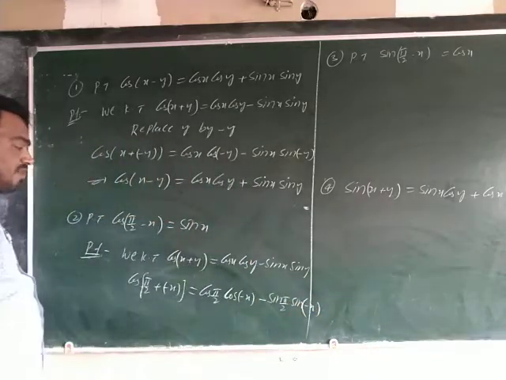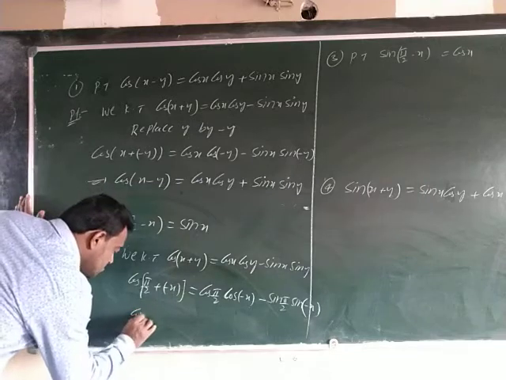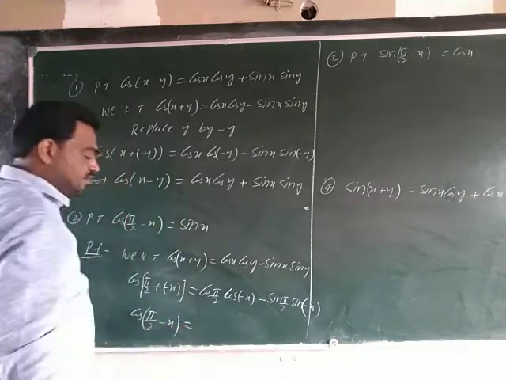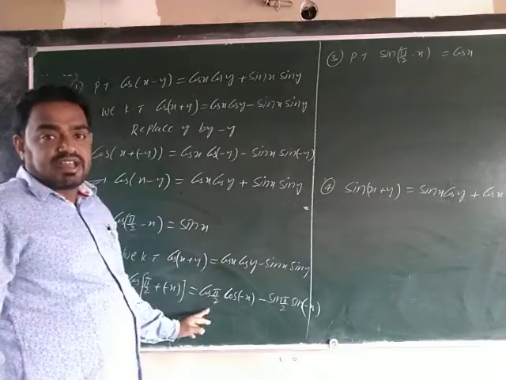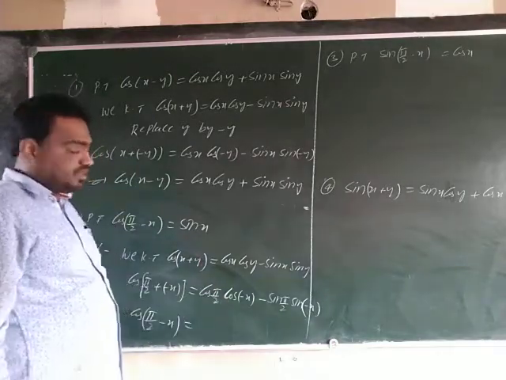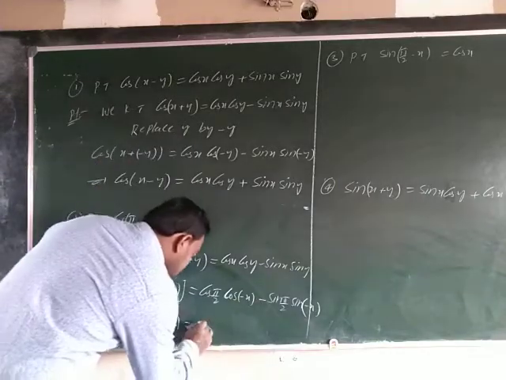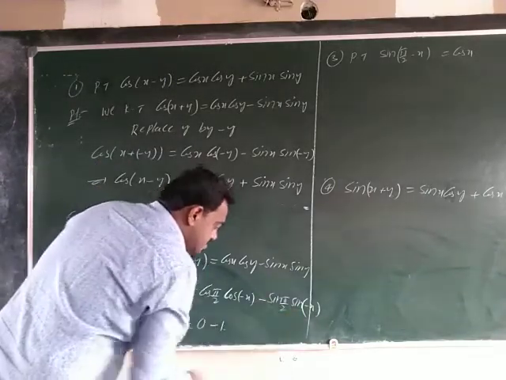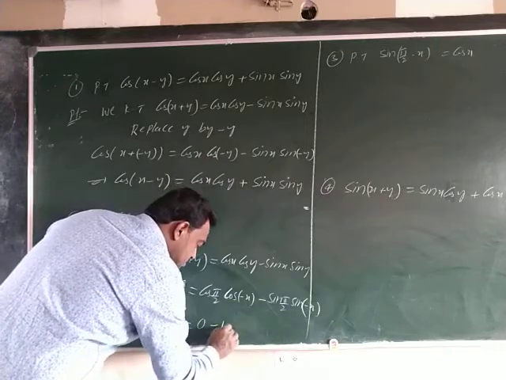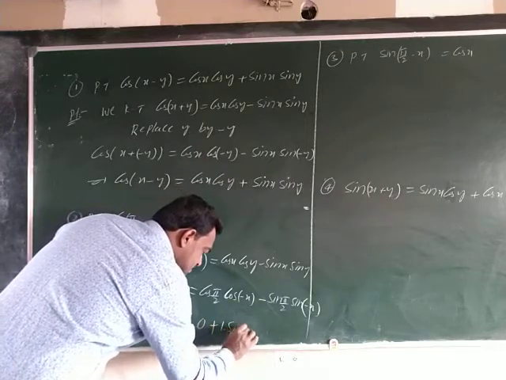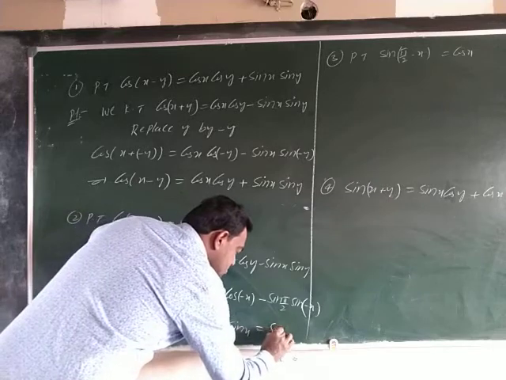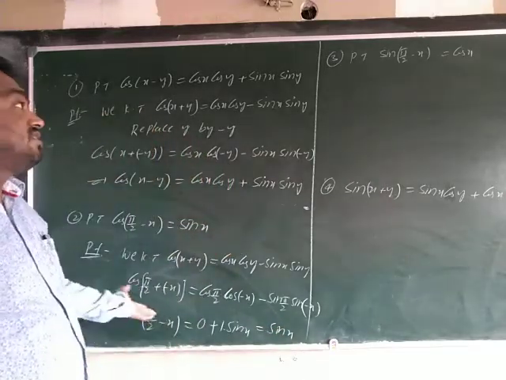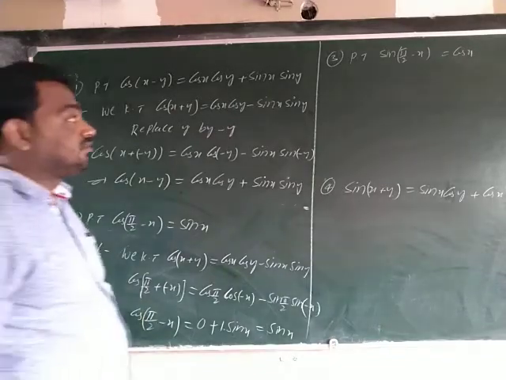This is equal to cos pi by 2 minus x, which is cos pi by 2, cos 90 is 0, 0 into something equal to 0, minus sin pi by 2, value 1, sin of minus x is equal to minus sin x. So minus into minus is plus sin x. So this is equal to 0 plus sin x, which is sin x. This is the proof. Like this we are proving this one.